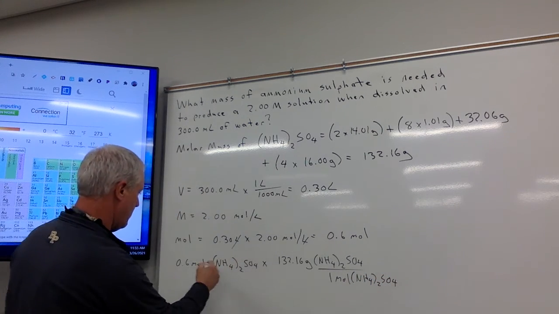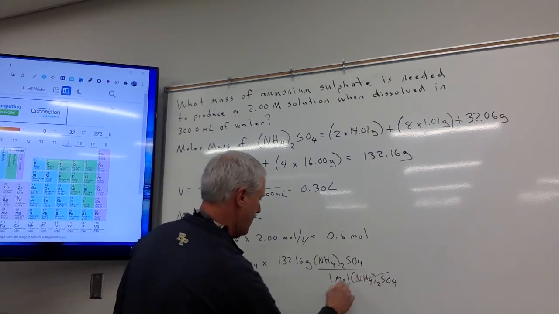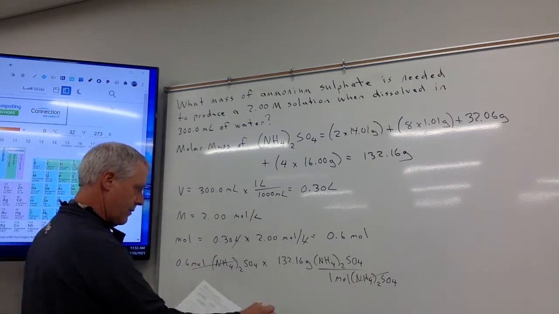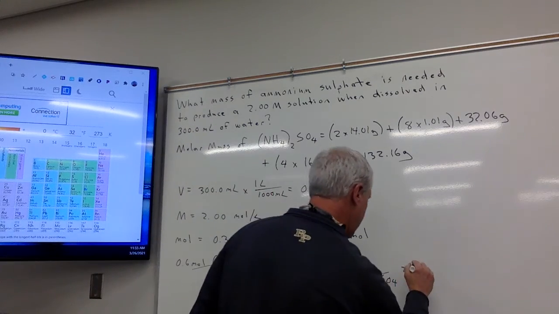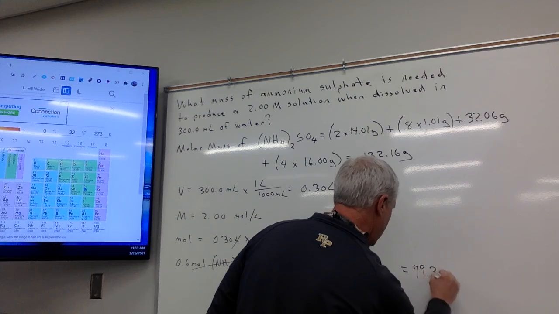Okay, so moles of ammonium sulfate cancel. We have to take 0.6 times 132.16, and that gives us 79.3 grams.